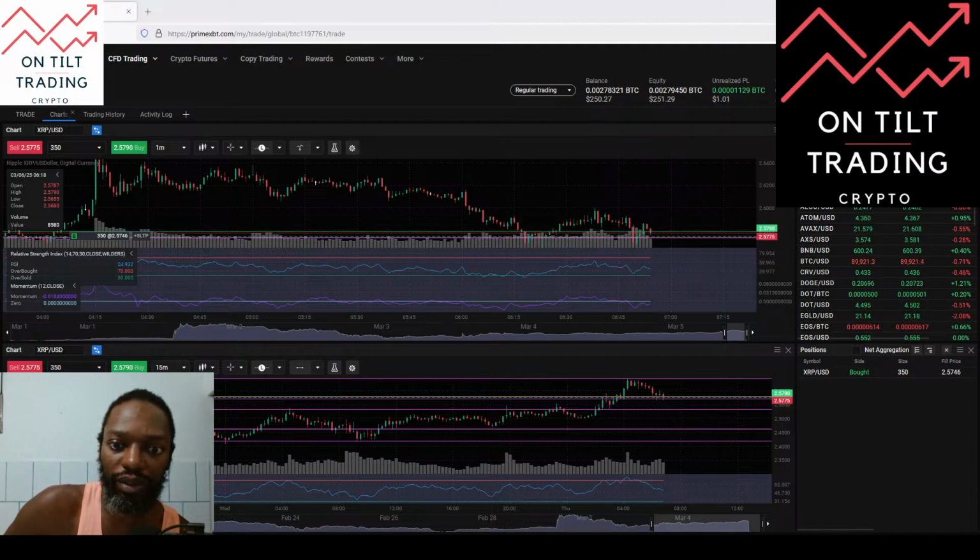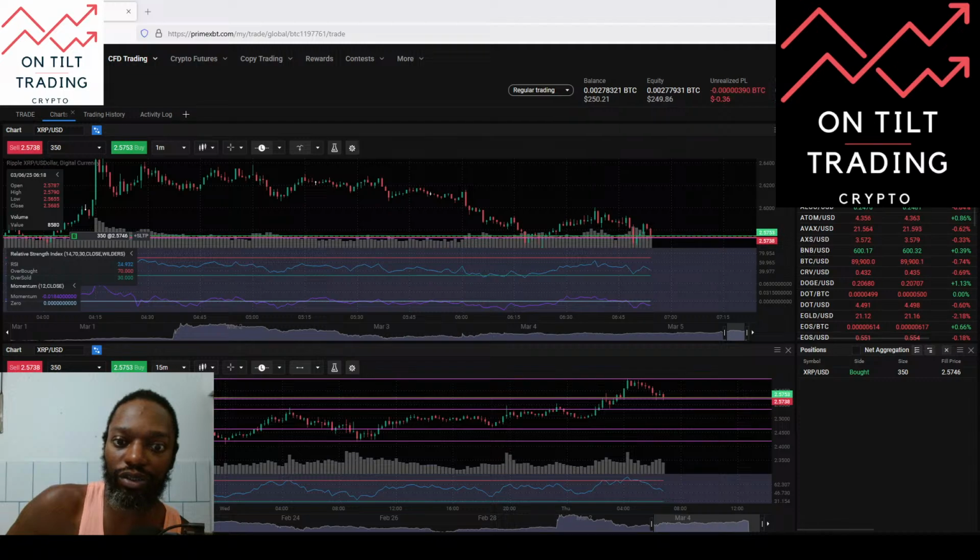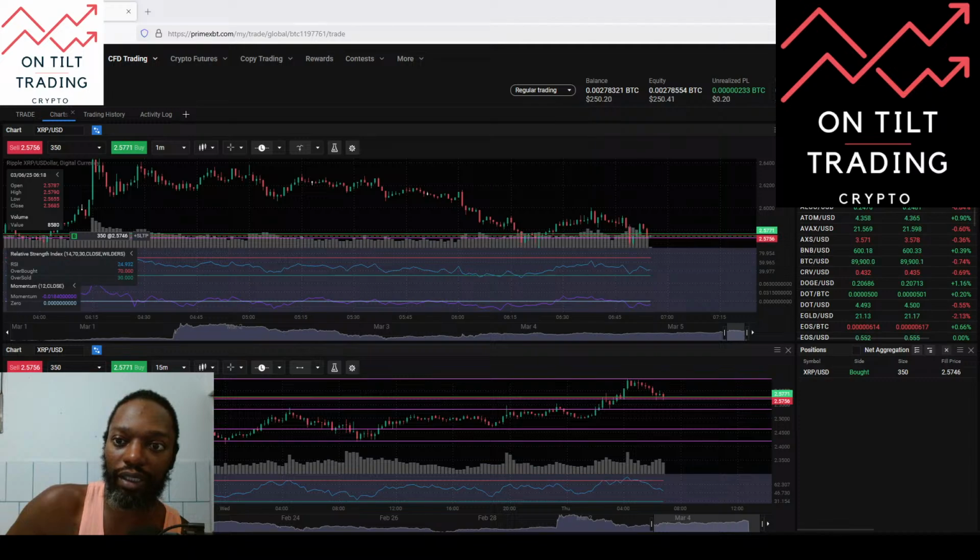But we can see with this relative strength index, I'm able to identify a potential entry sooner. So instead of getting caught in this zone where there's going to be some consolidation, it gives me the potential to get in earlier.